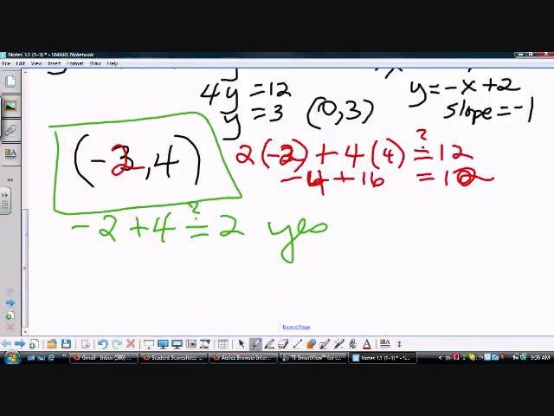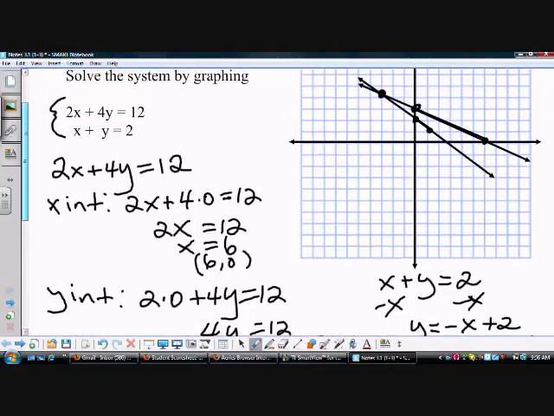And that just goes to show you that when you go graphing, let's see if I can erase that. Yes, I can. Looks like they actually hit 1, 2, 3, 4, right about here instead.